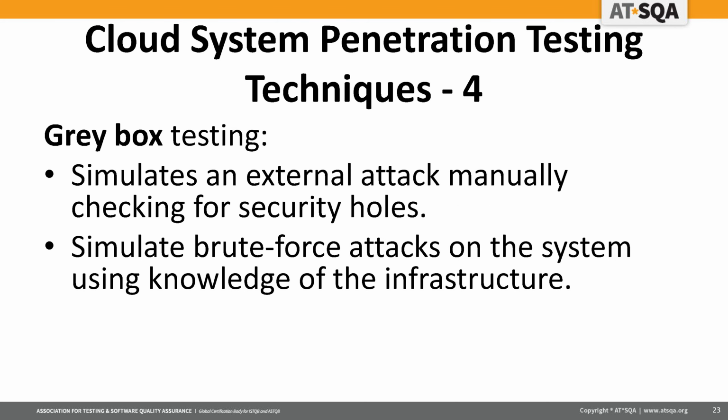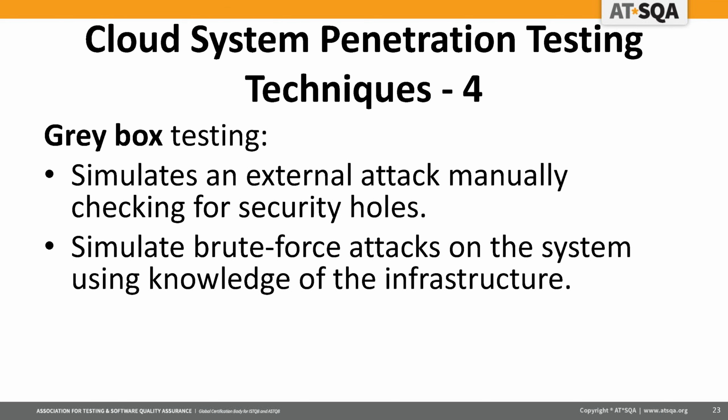Gray box testing. This is when testers simulate an external attack manually checking for security holes. It simulates brute force attacks on the system using knowledge of the infrastructure. And automated tools scan for authentication details listed in files, and they gain access to configuration settings or administrator accounts for cloud system and connected databases.